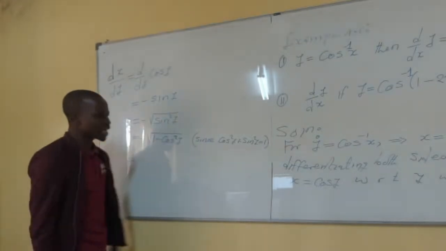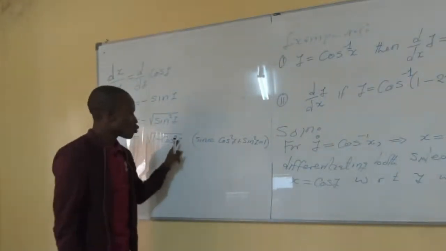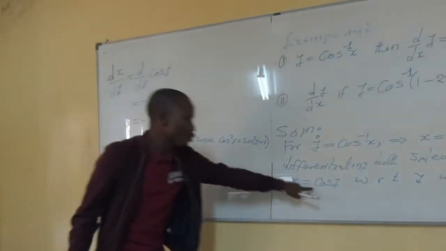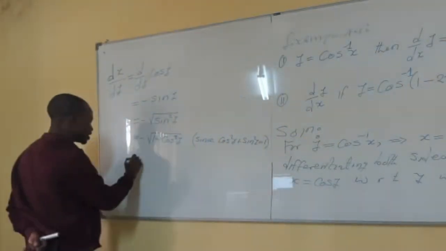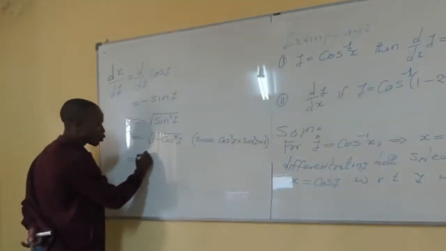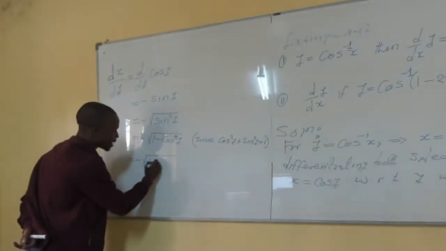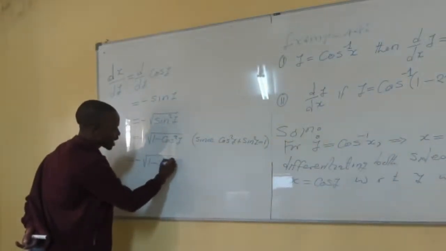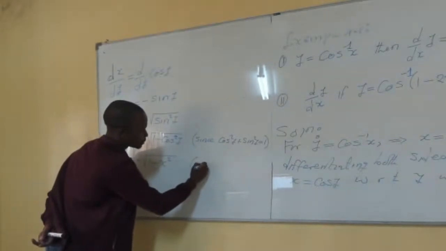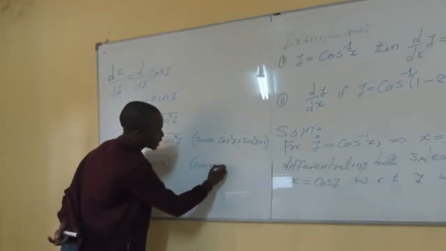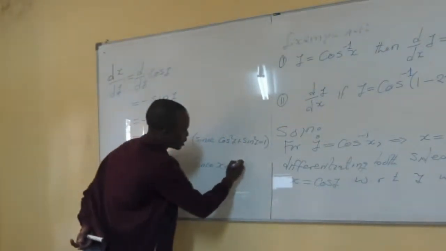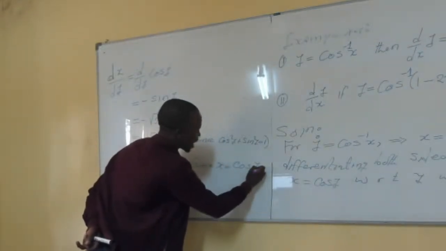But what is cos y? Cos y is equal to x. So this is just the negative square root of 1 minus x squared. Why? Since x is equal to the cosine of y.